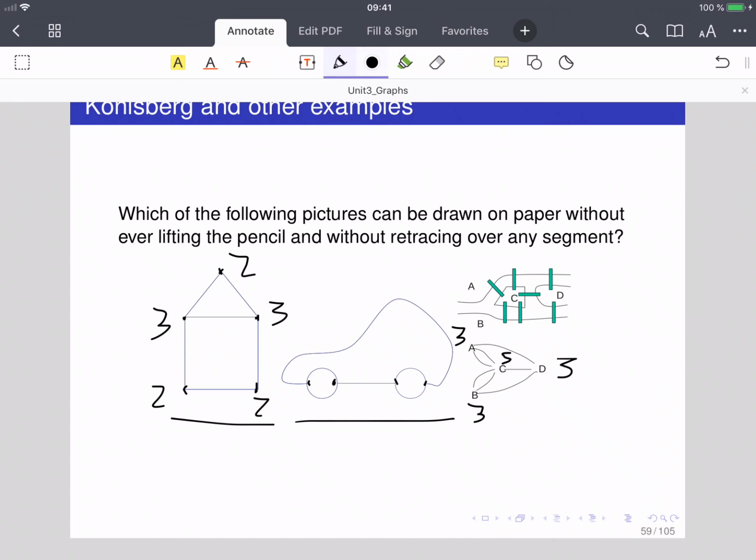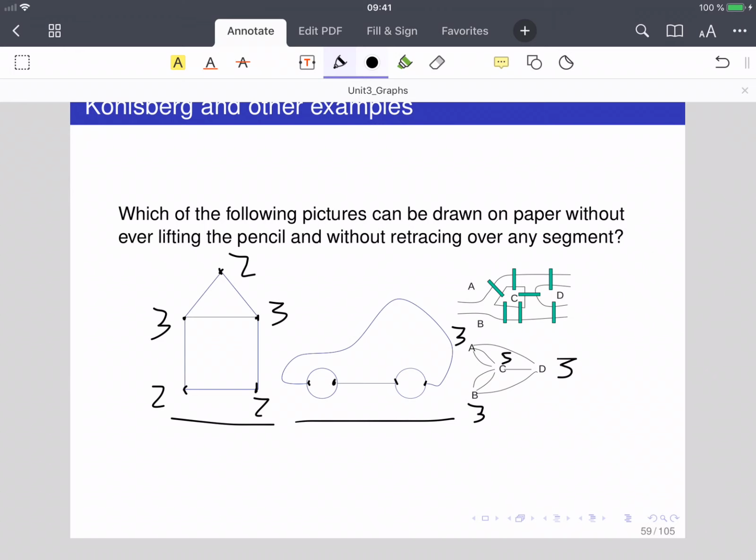lifting the pencil, without retracing over any of the lines in the drawing, because we know that when we have exactly two vertices with odd degree, then it is possible to find not a cycle but a path, not a closed path, that uses all the edges once and only once.